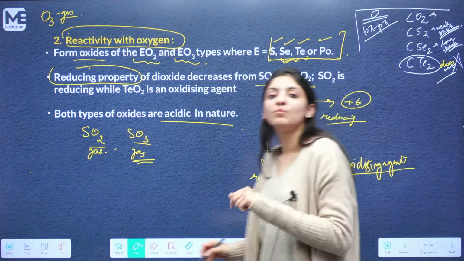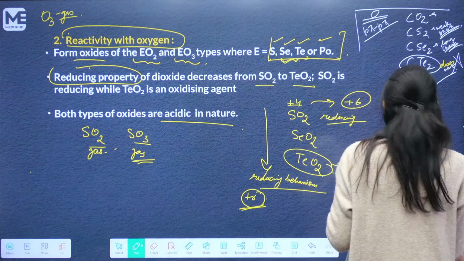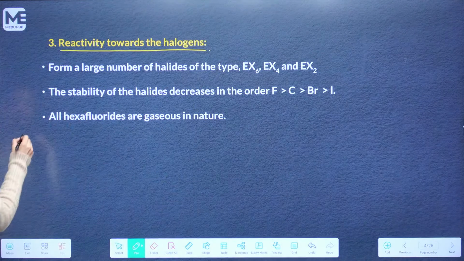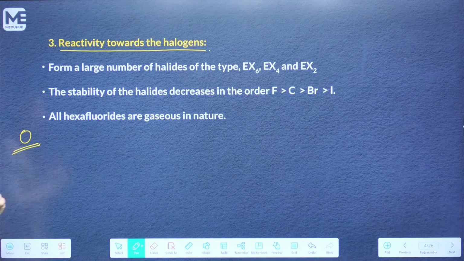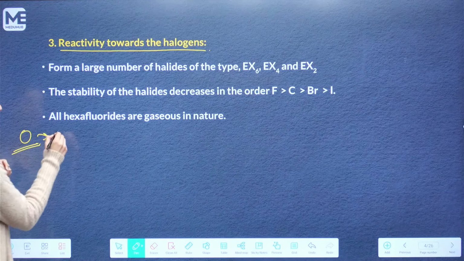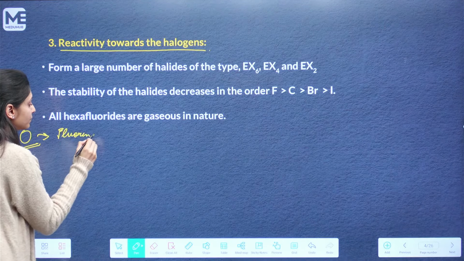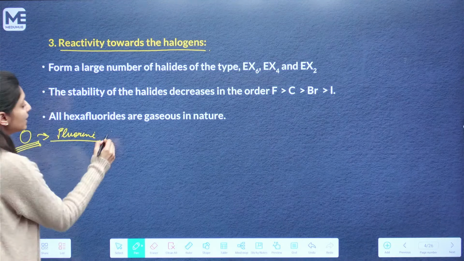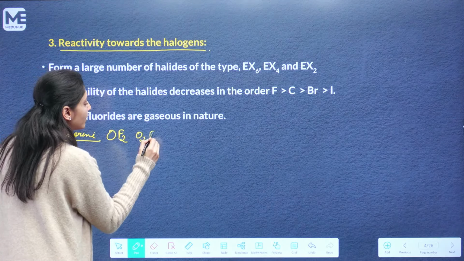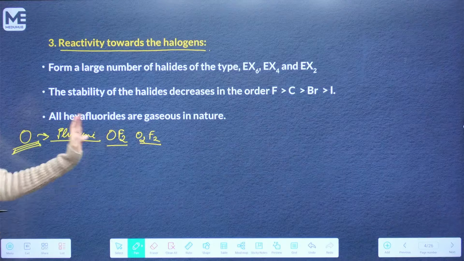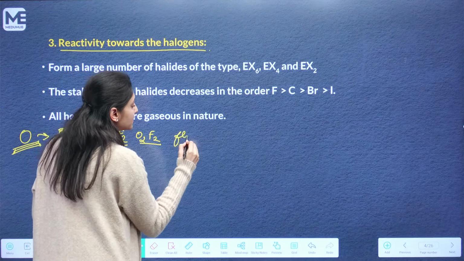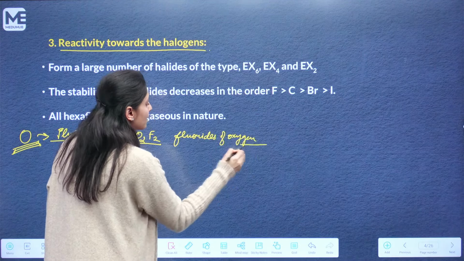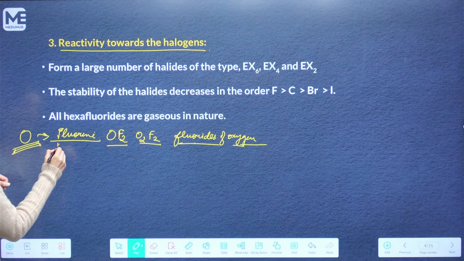All right. Now moving on to the reaction with halogens. Reactivity towards halogen. So if we talk about oxygen, the only element that is more electronegative than oxygen is fluorine. So the compounds that are formed with oxygen and fluorine, OF2 and O2F2, are not called oxides of fluorine, they are rather fluorides of oxygen, because fluorine is more electronegative.